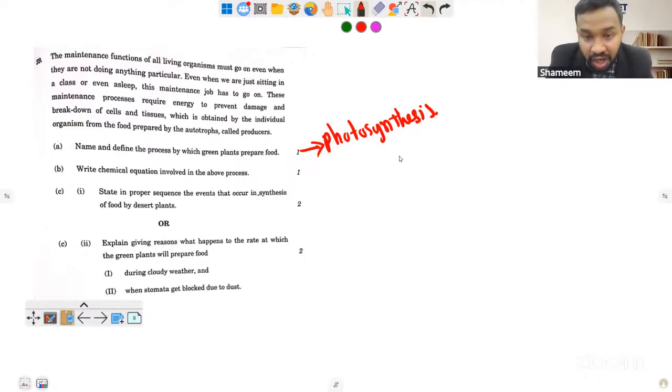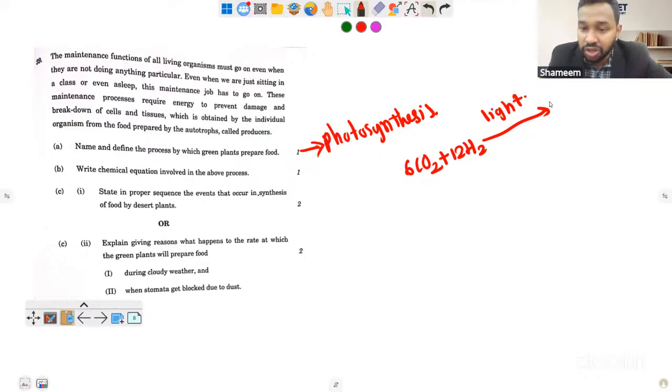What is the definition? It is a process in which carbon dioxide and water, in presence of light, are converted into carbohydrates like glucose, C6H12O6, plus oxygen plus water, in chlorophyll.